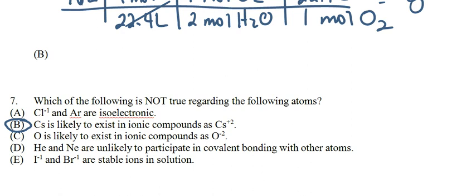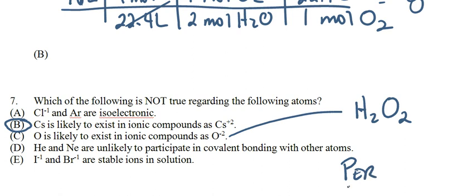Oxygen is likely to exist in an ionic compound as O with a -2 charge. Yes, oxygen often exists as a -2 charge, unless it's a peroxide. Now, if I have something like hydrogen peroxide, which is H2O2, the per means that I have one more oxygen than my regular oxide.